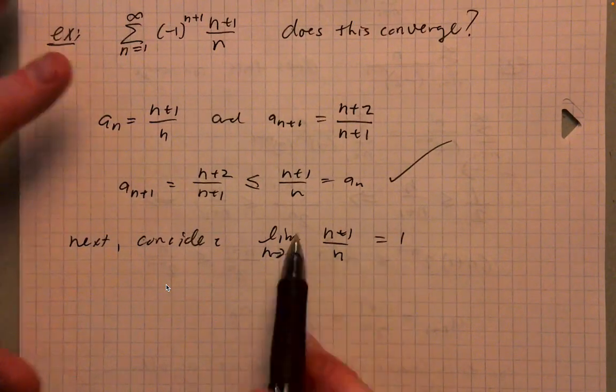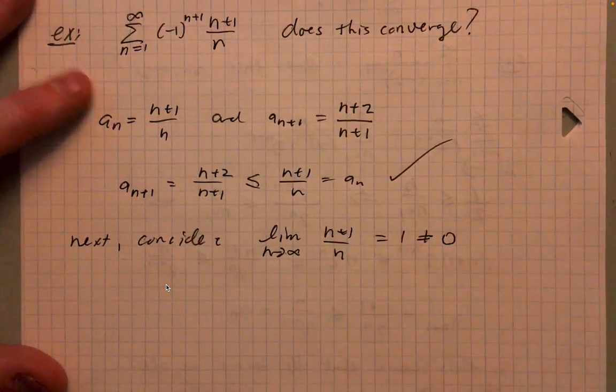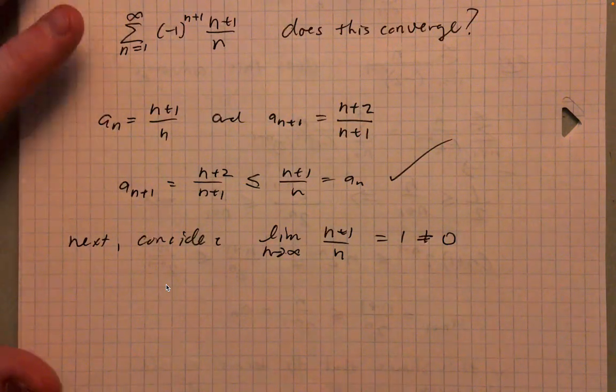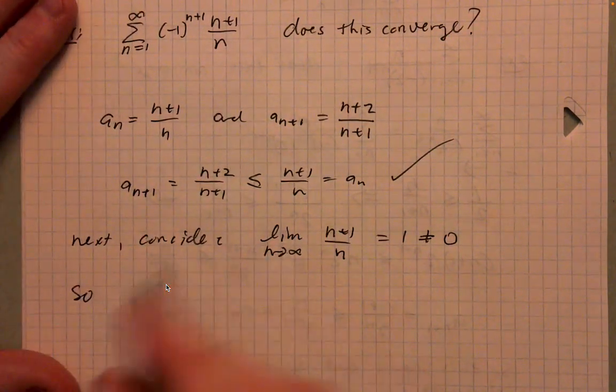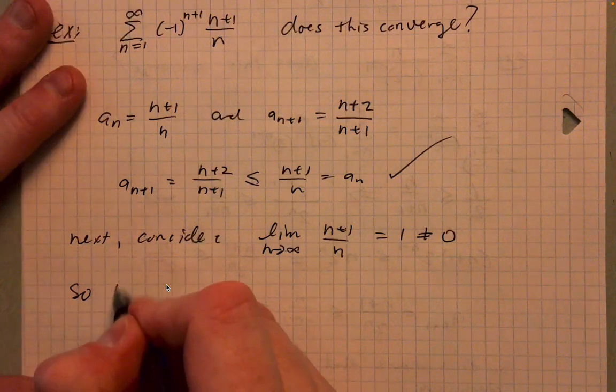So the limit definitely exists and is finite, but it's not equal to 0. Recall that the alternating series test demands that the limit of the nth term as n goes to infinity be equal to 0. So this series would fail on the first condition of the alternating series test.